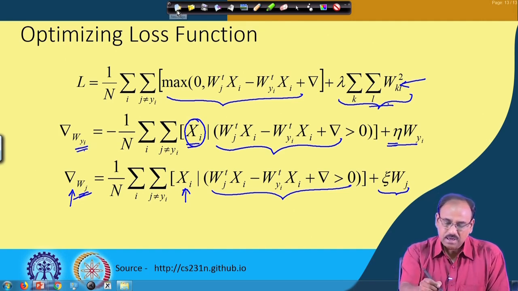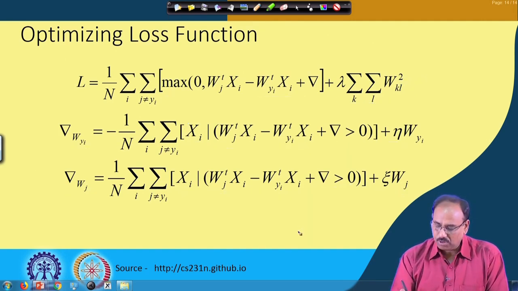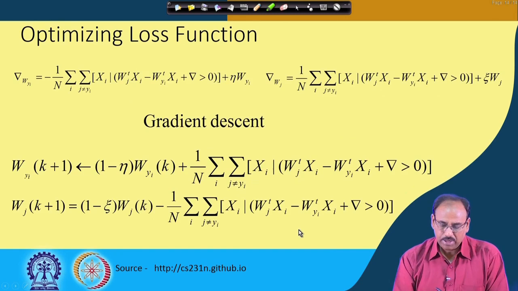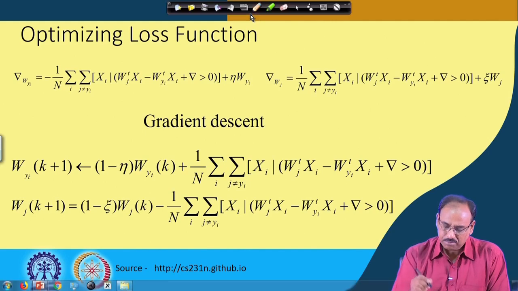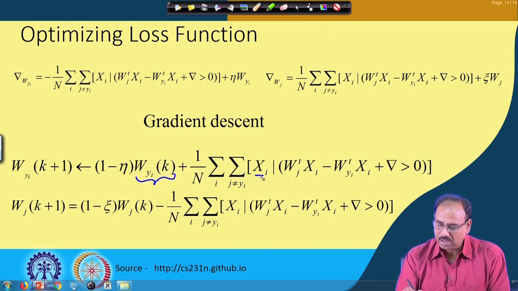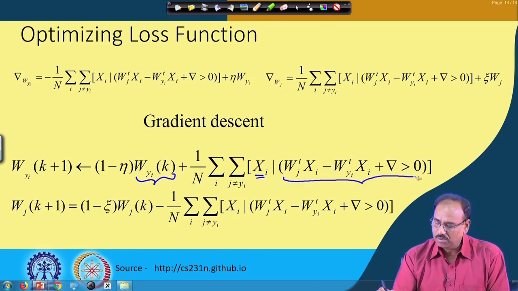So, these are the gradients, and using these gradients we go for our gradient descent step. At the kth instant, if my weight vector was Wik, then the next iterated value Wik plus 1 is 1 minus eta times Wik plus 1 over n sum of xi for all those xi which satisfy this condition.